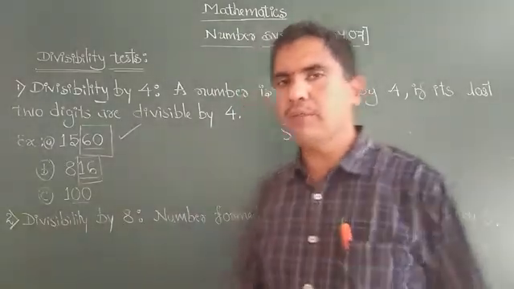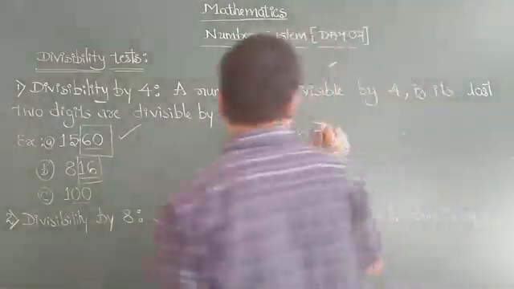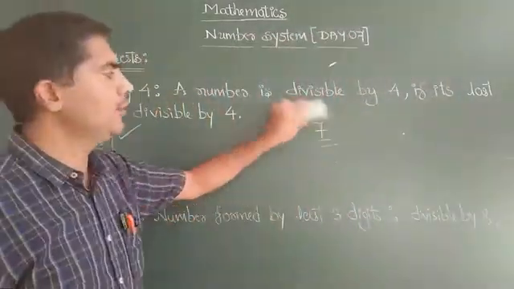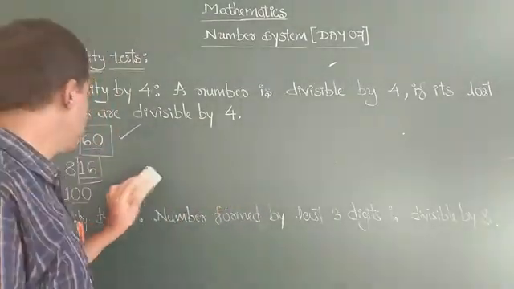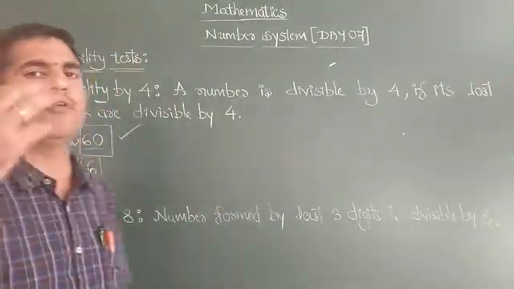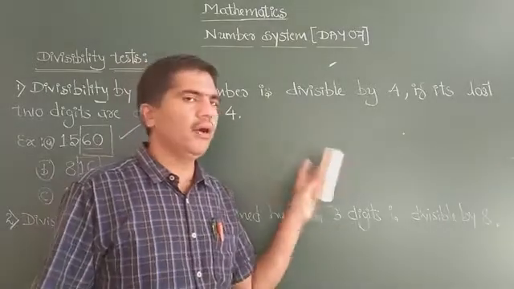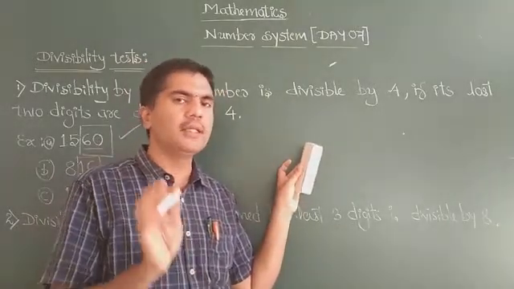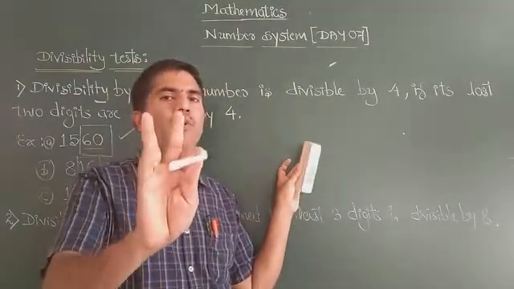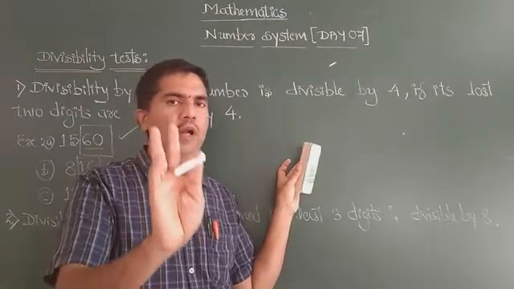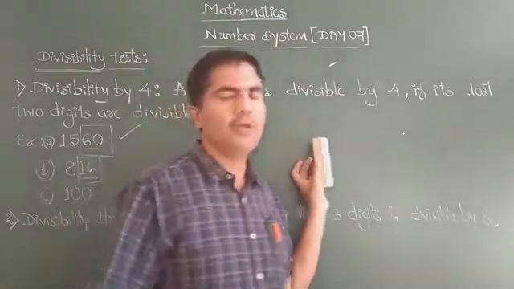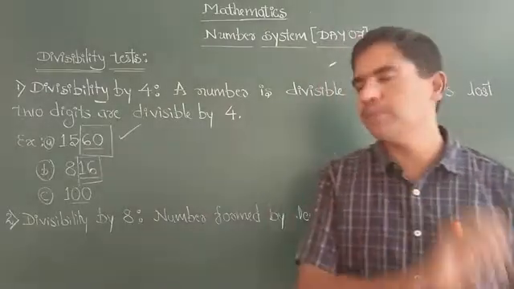So what is the advantage for you now? If the last digit is an odd number, you need not cross check. You can immediately say it is not divisible by 4. If the last digit is an even number, then you cross check the last two digits, and find out whether the number formed by them is divisible by 4 or not.